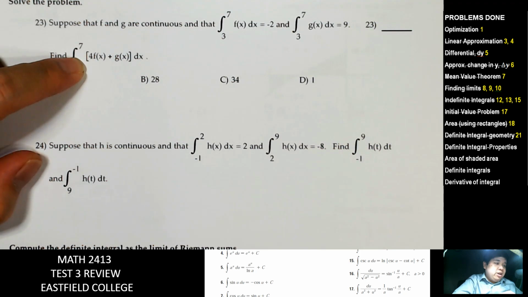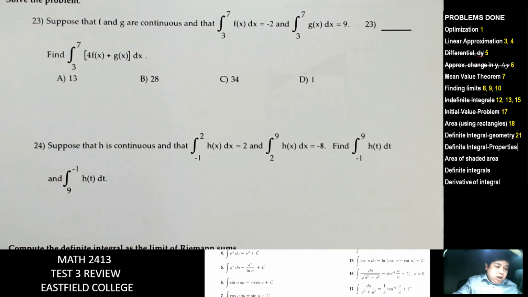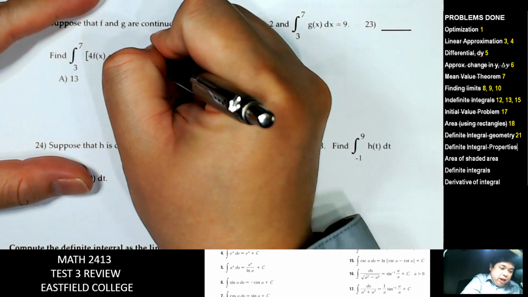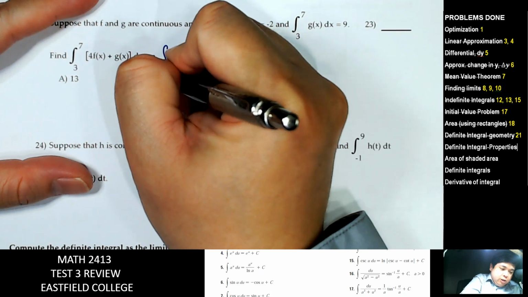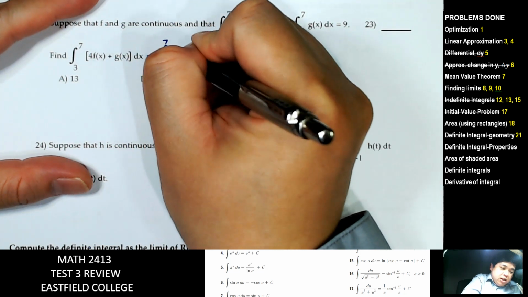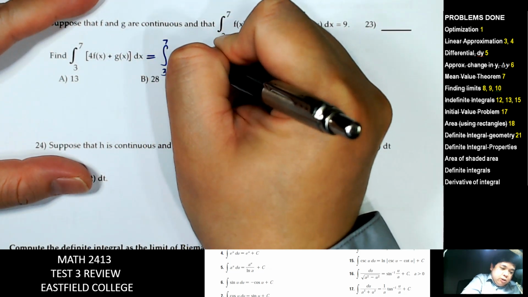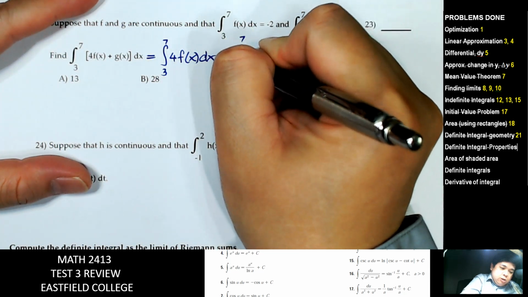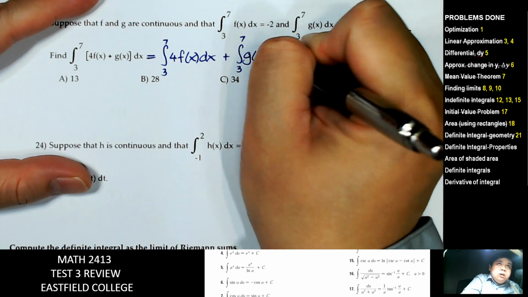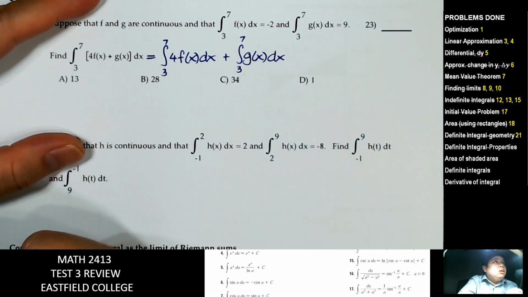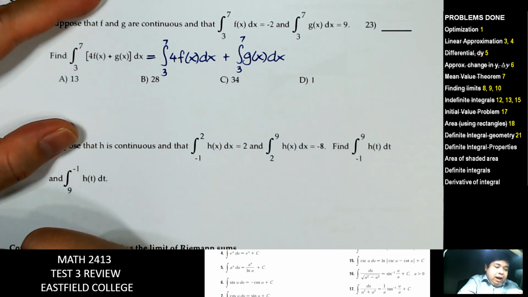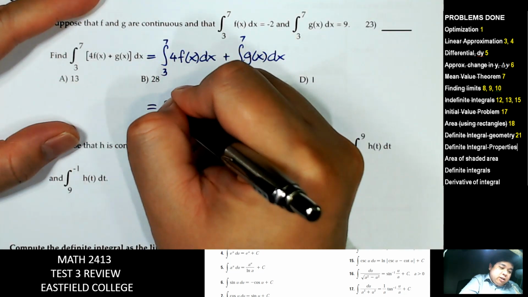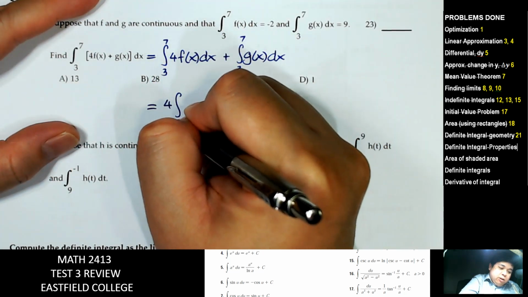The 4 in front of it will be a constant. So pretty much this is what we can do. First, we split this in two. And after that, we take the 4 in front of the integral.